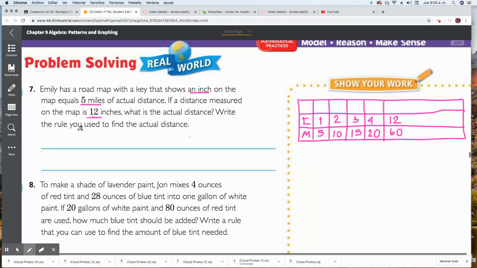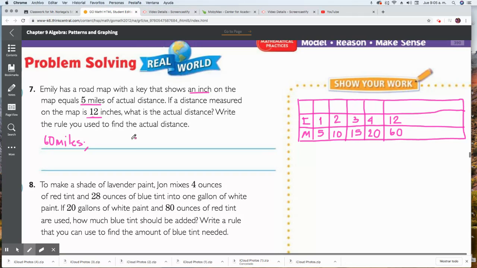So the answer is 60 miles. And what rule did we use? What did we do with the number of inches to get the number of miles?